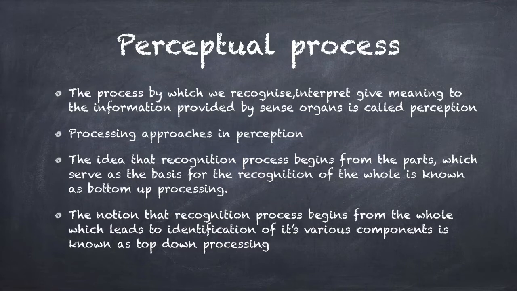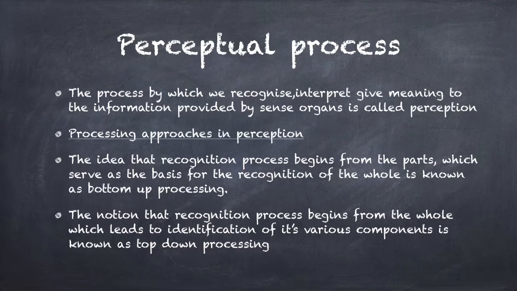Now coming to processing approaches in perception. How do we identify an object? Do we identify a dog because we have first recognized its furry coat, its four legs, its eyes, ears, and so on, or do we recognize these different parts because we have first identified a dog?